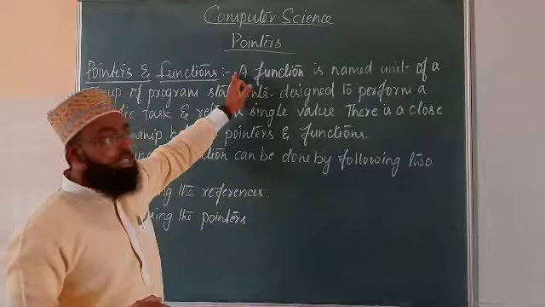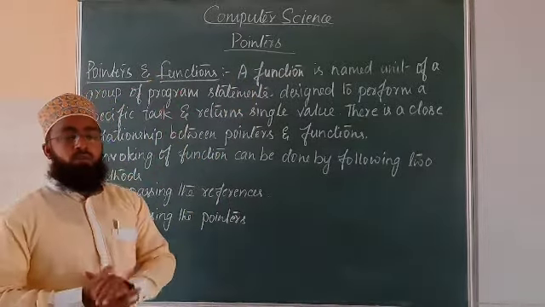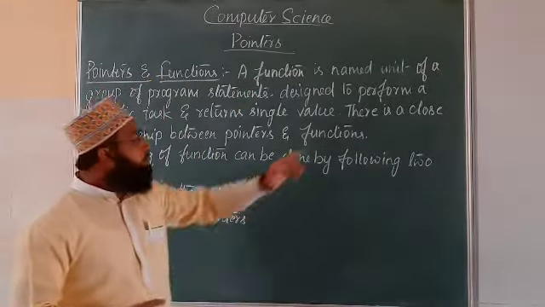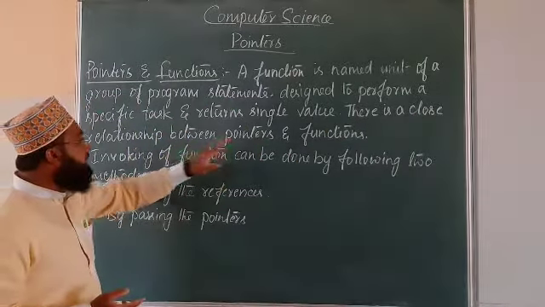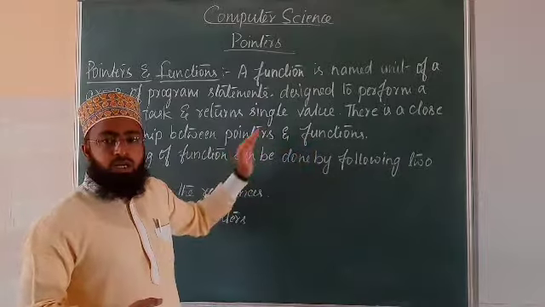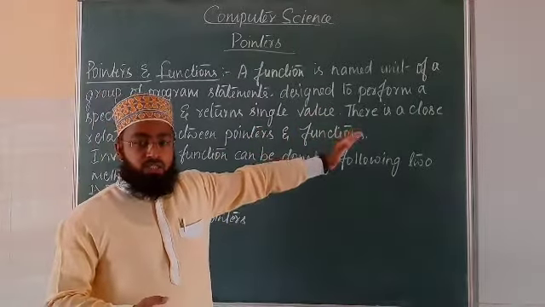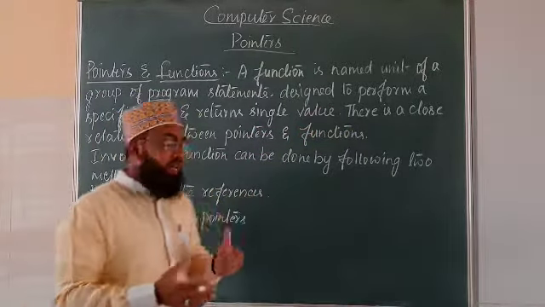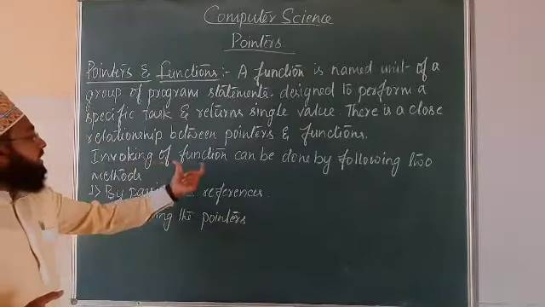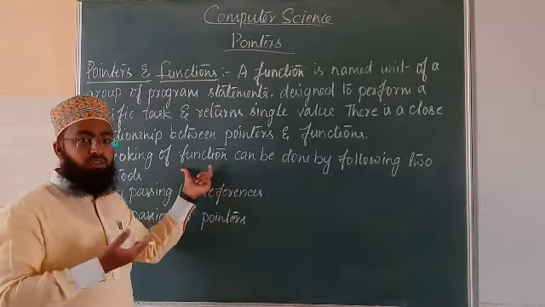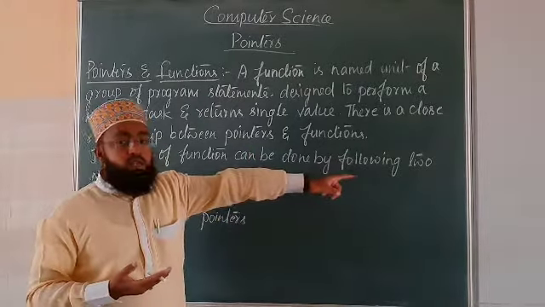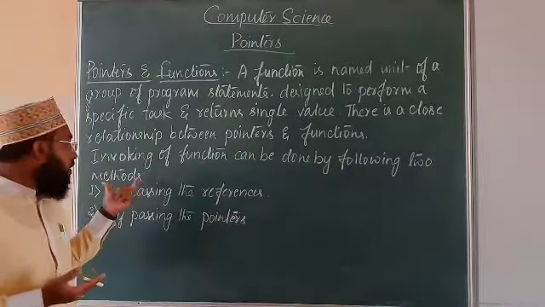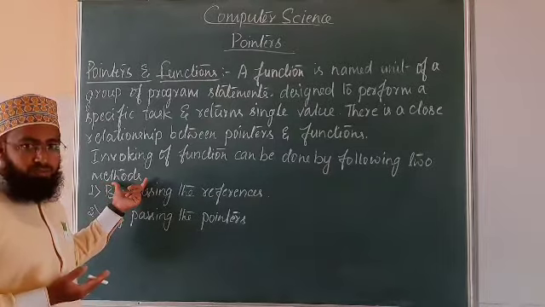Now, how are these functions related to pointers? There is a close relationship between functions and pointers. How are they closely related? Because invoking a function can be done by two methods.